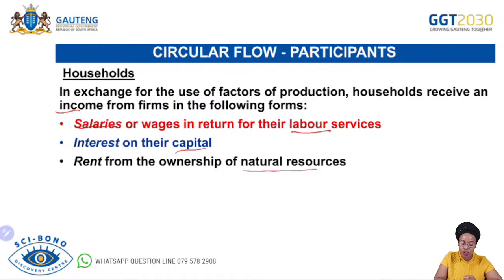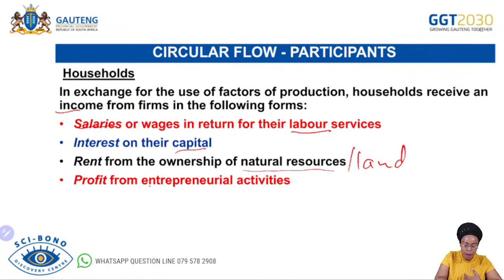Because they own natural resources or land, they will receive rent. Because they own entrepreneurial skills, they will receive profit. So salaries or wages plus interest plus rent plus profit is the income that households or consumers will receive for selling their factors of production.